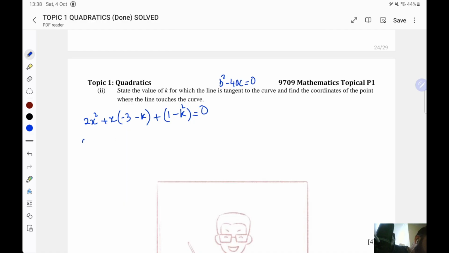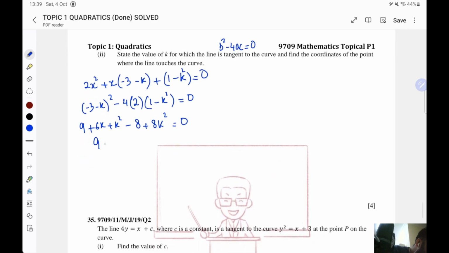So the value of b is (−3 − k), and (−3 − k)² − 4 × 2 × (1 − k²) = 0. 9 + 6k + k² − 8 + 8k² = 0. So the equation you will have will be 9k² + 6k + 1 = 0.